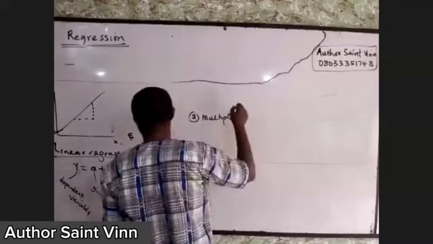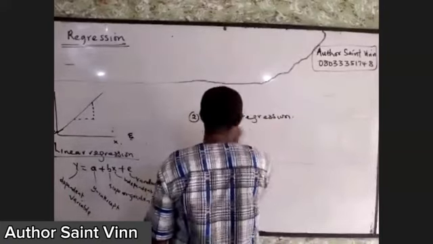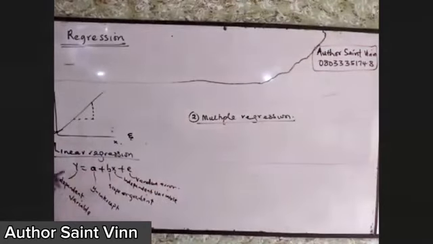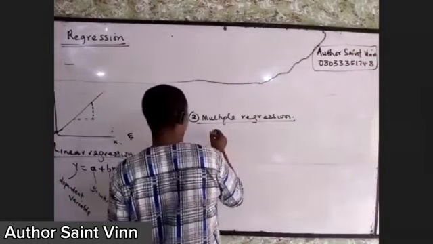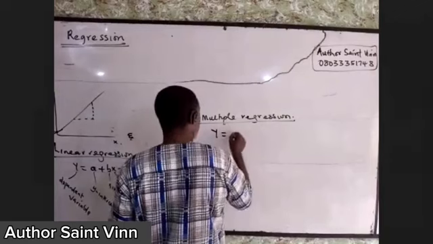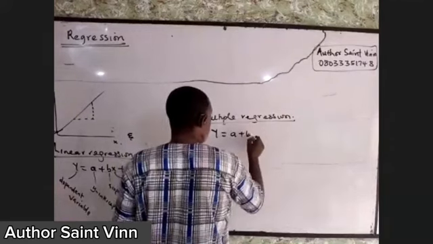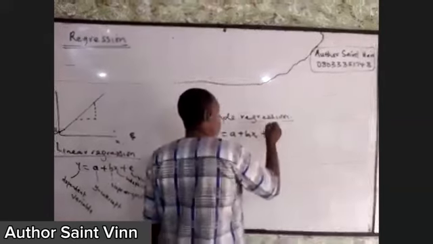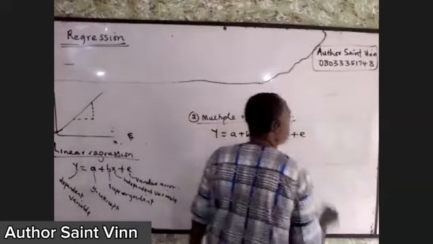We can have two, like y equals a plus b1 x1 plus b2 x2 plus e.